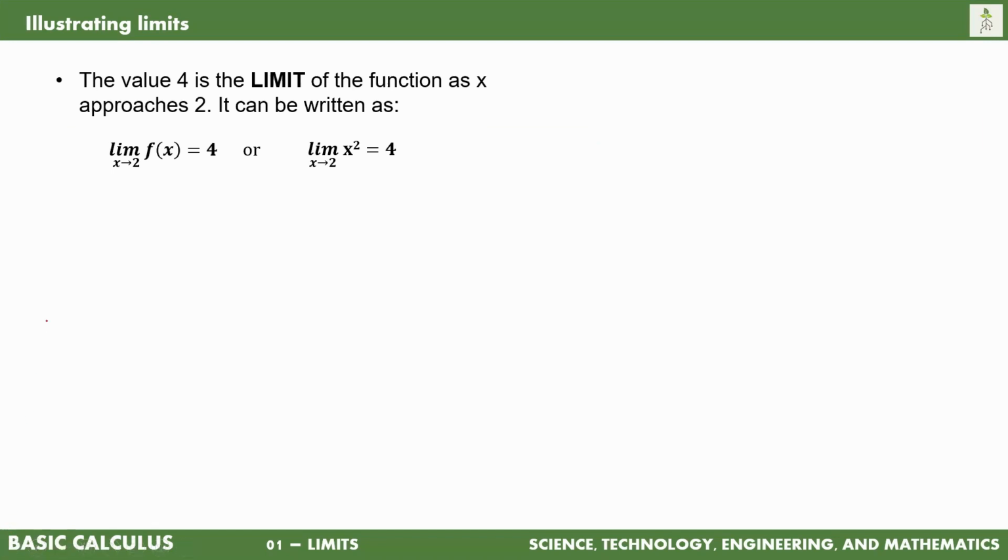It can be written as lim f of x as x approaches 2 is equal to 4. Or instead of f of x, you can put the function itself. So, the lim, followed by the function, and below the lim, the value it is approaching. Then you have the equal sign, and then whatever the limit is.